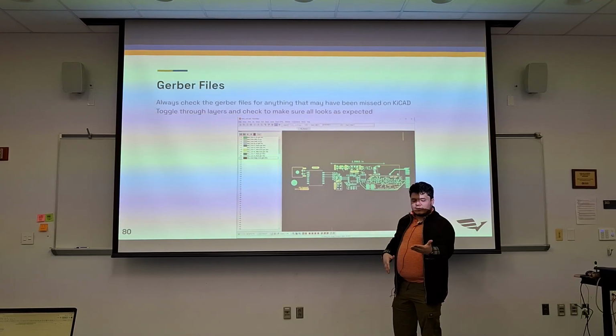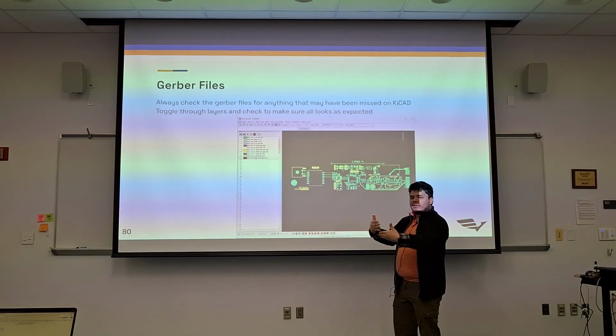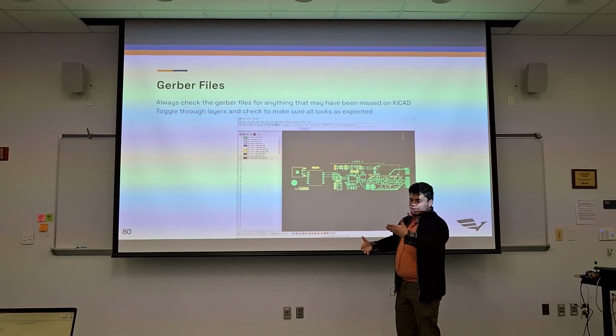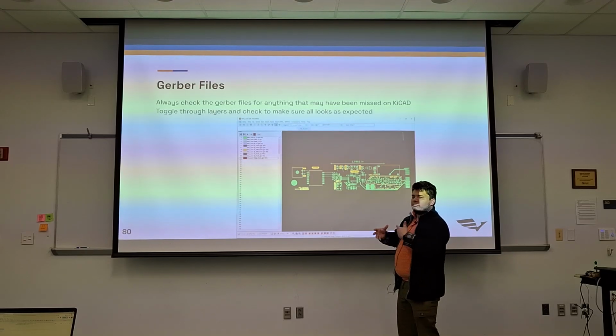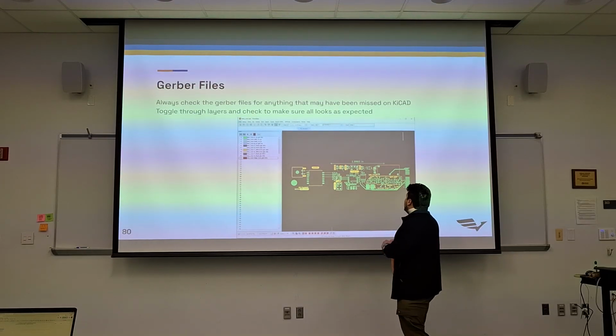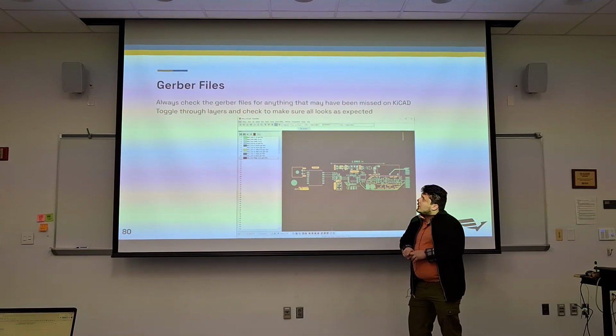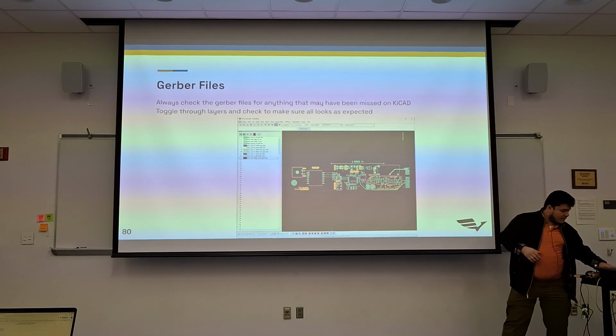So it's always good to have the design open, have this open, and compare. All right, why does this look funky? Go over here. Huh, I didn't see that before, and try to correct it, or guide the other engineer to also correct it. Oh, there's a CAN bus. But so Gerber files, always take a look at them.